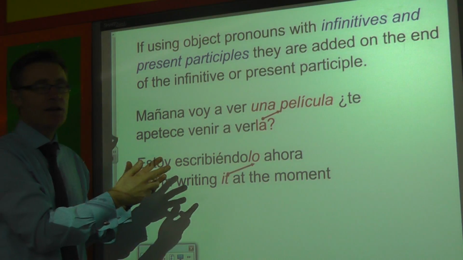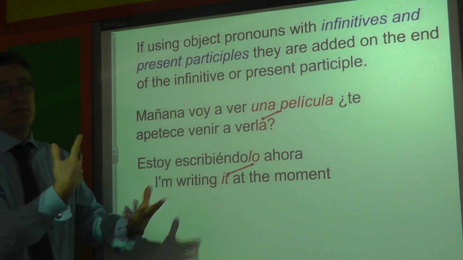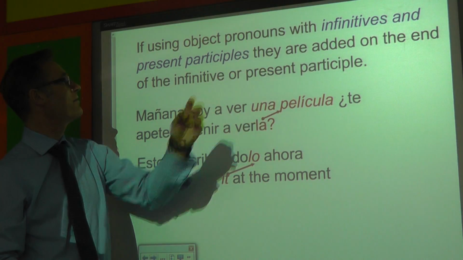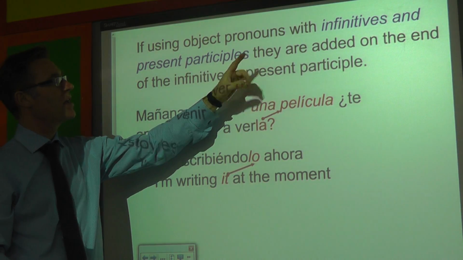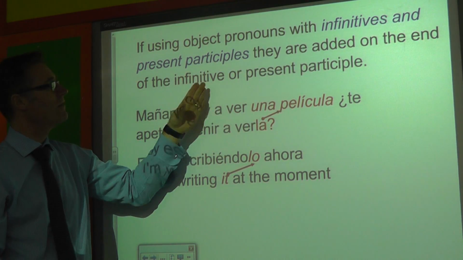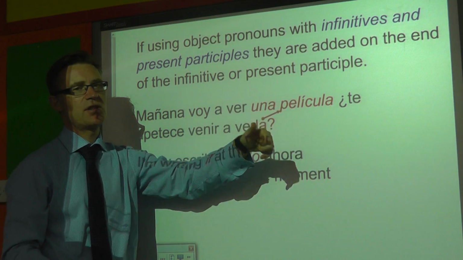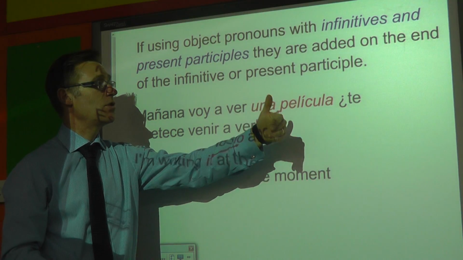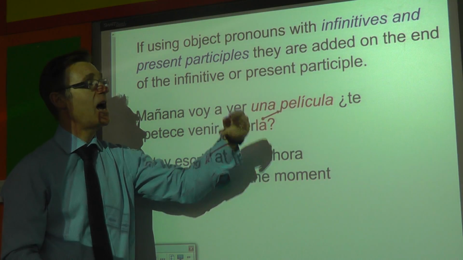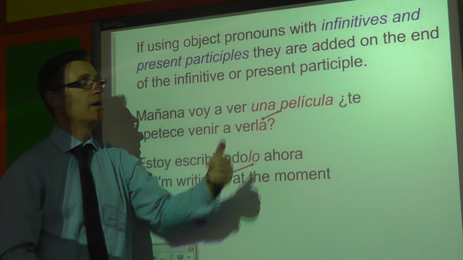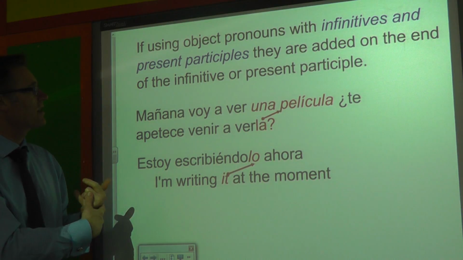Okay, if we're using object pronouns, direct or indirect, with infinitives and present participles, they're added on the end of the infinitive or the present participle. The present participle in Spanish is that construction estoy or está plus -ando or -iendo. So let's have a look at an example.